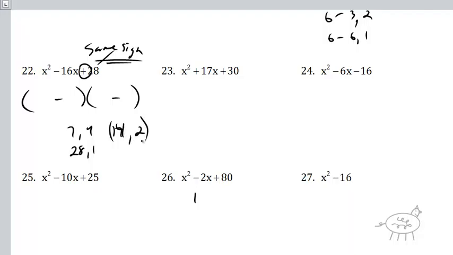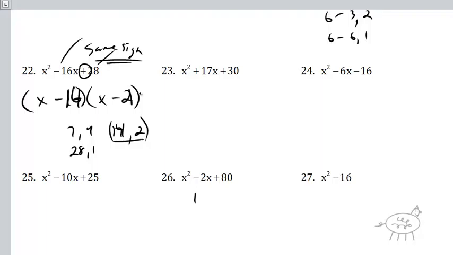And if you look, it has to be double negative. So 14 plus 2 is 16, and there we go. It's negative 16. Sorry, x minus 14 and x minus 2.